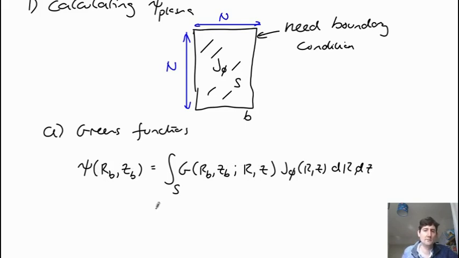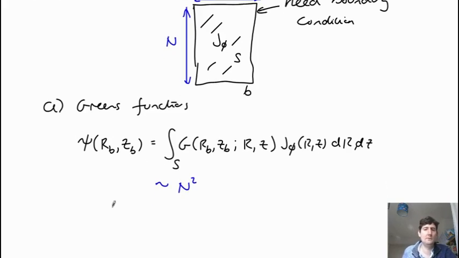So this is like n squared for a single point on the boundary, and therefore in total you need to do a separate integral for every point on the boundary, which is like 2 times n. Well, you'd have like 4 times n if you include all sides.